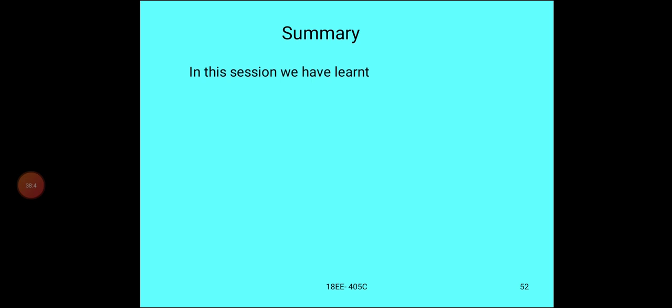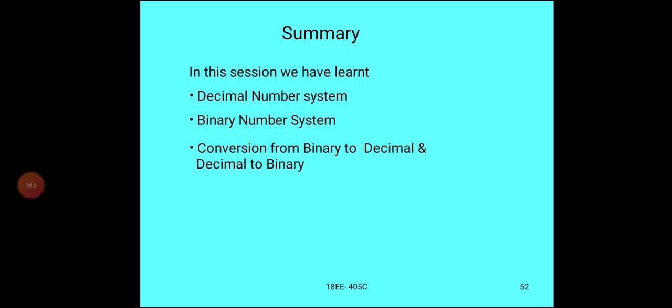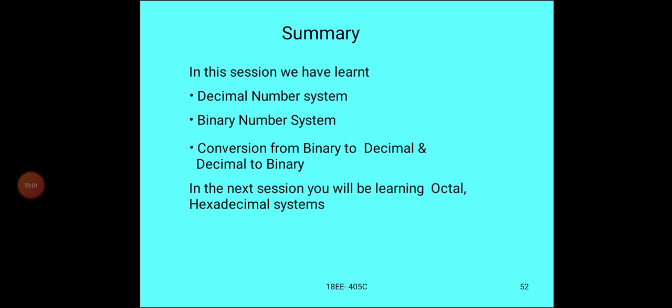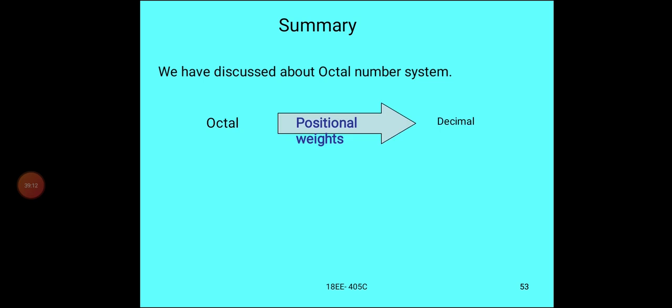Summary: in this session, we have learned about the decimal number system, binary number system, conversion from binary to decimal and decimal to binary. In the next session, we will be learning the octal and hexadecimal number systems. I have discussed the octal number system, octal positional weights to decimal.